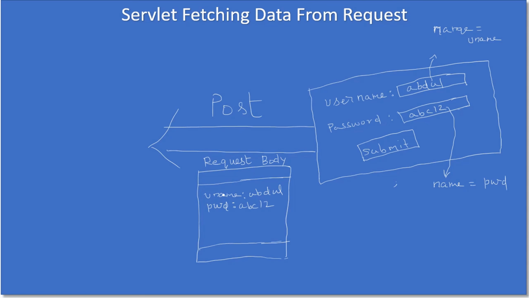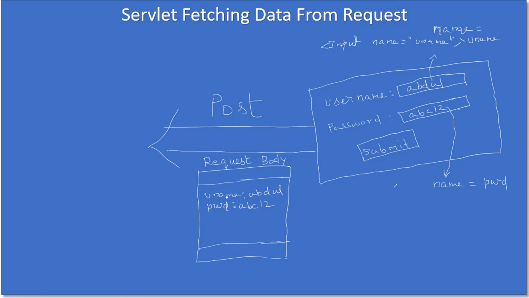And here, uname is nothing but the control name. When we form our input control, we use the tag name, then we specify that name as uname. Same goes for the password also.